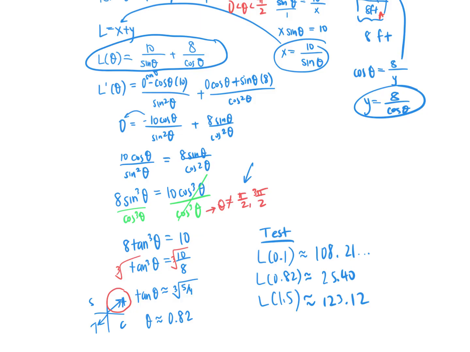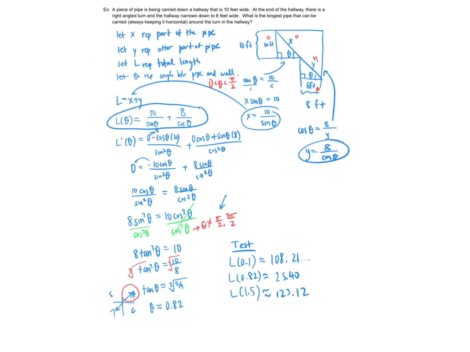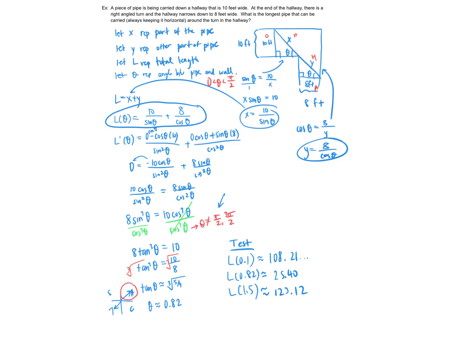So looking at this, you might say, oh, I'm trying to maximize. Maybe 1.5 is the best way. But thinking back to what I said, as my pipe gets closer to either wall, so like getting very close to 0 or very close to that pi over 2, that pipe can be infinitely large, but that doesn't make sense here because if that angle is super close to 0, it's probably not making that turn anymore.